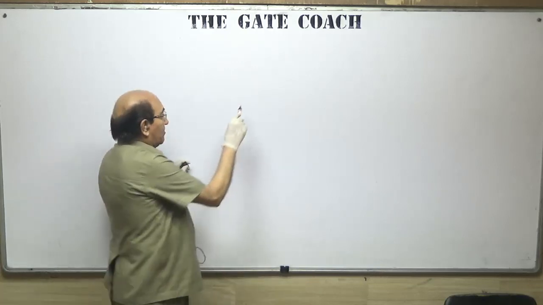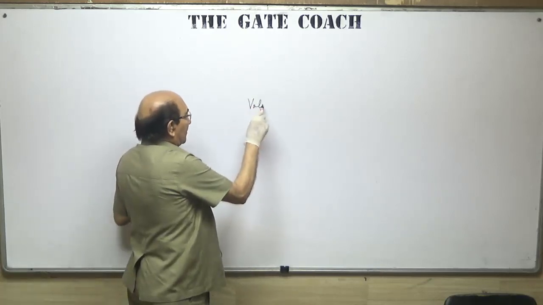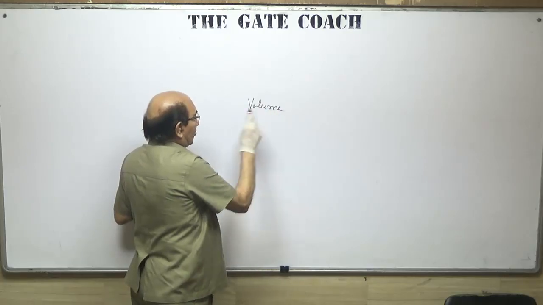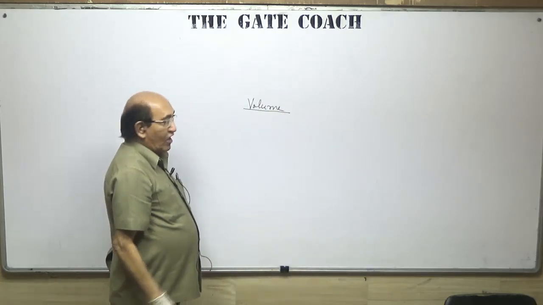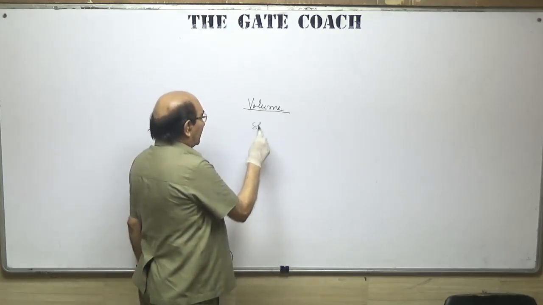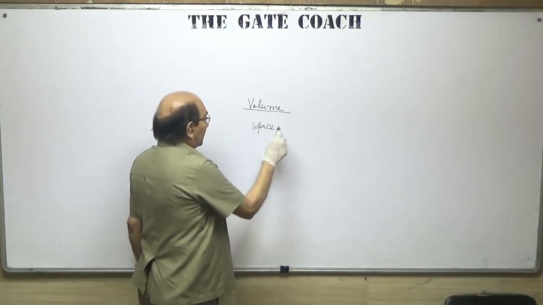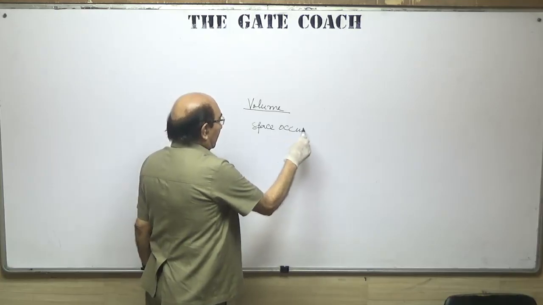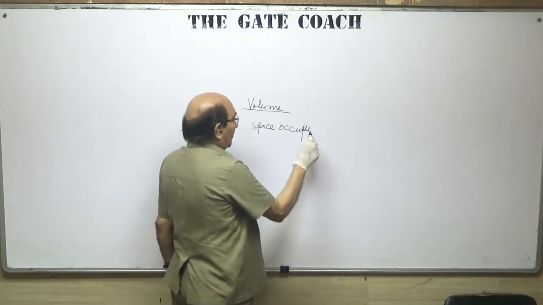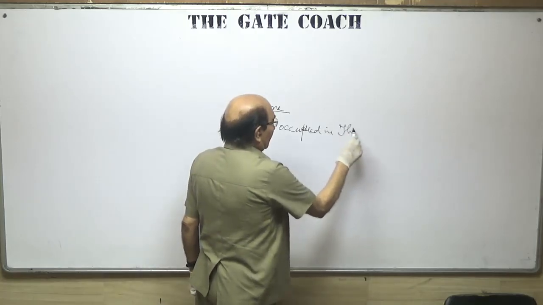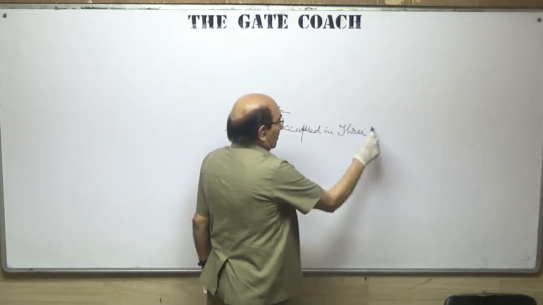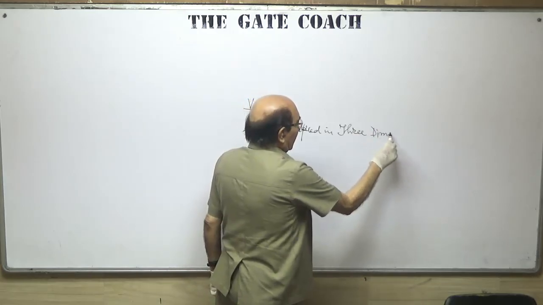We were talking about the volume. Volume should be defined as the space occupied in 3 dimensions.